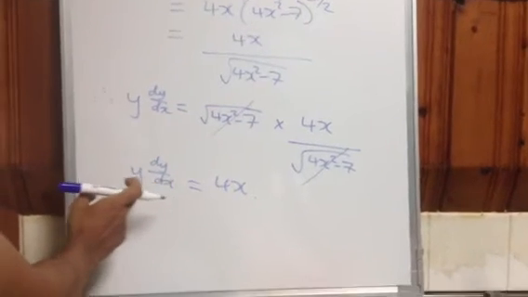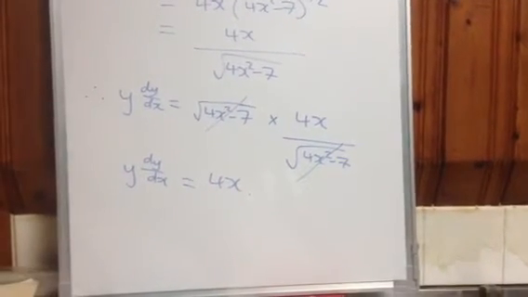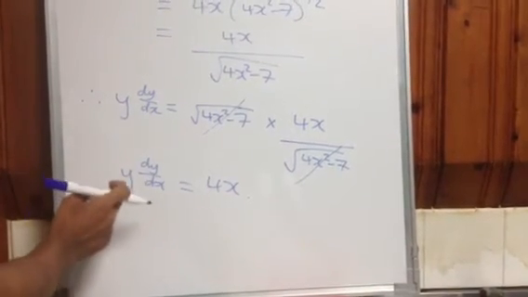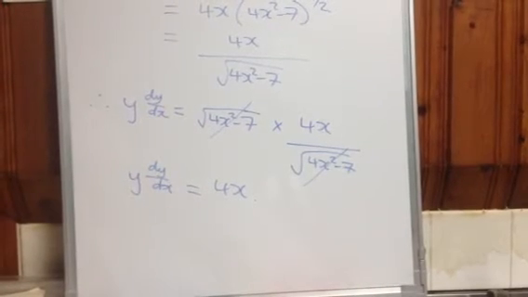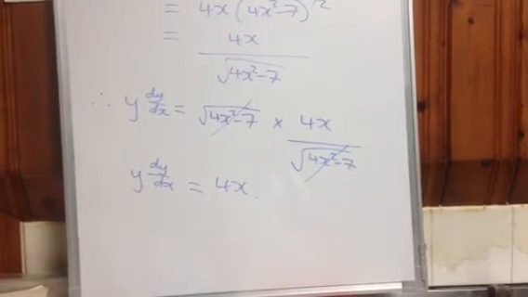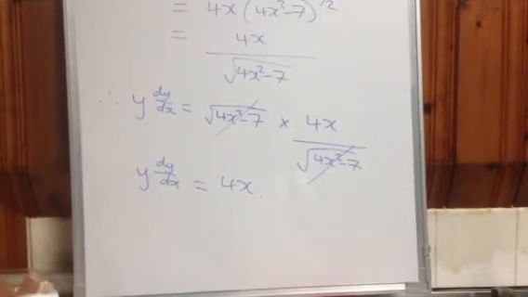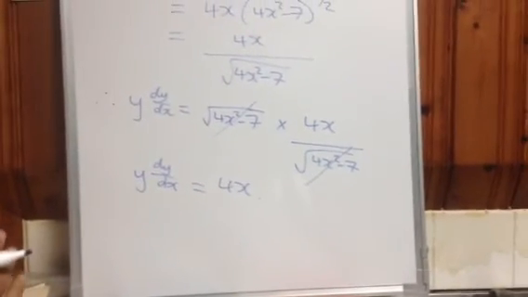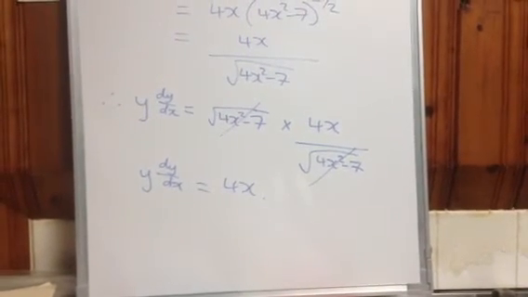The important thing to note is that y dy/dx is a product. Y multiplied by dy/dx. So we will apply the product rule just as we would for a normal product that's explicitly in terms of x.